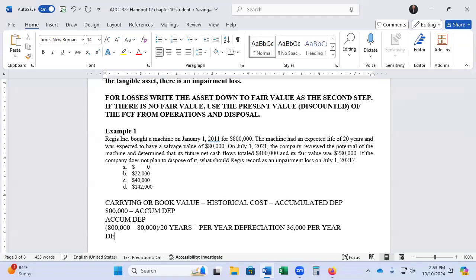And so it's been depreciating for 10.5 years. So total depreciation is 10.5 times 36,000, and I get 378,000 accumulated depreciation.